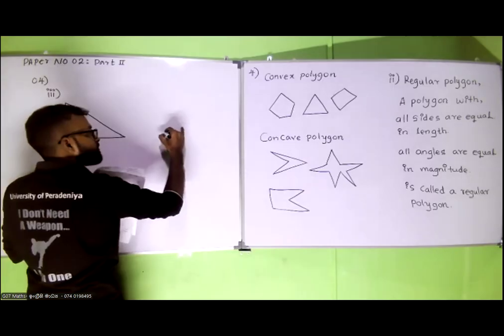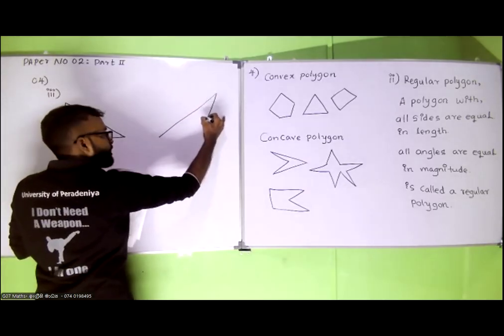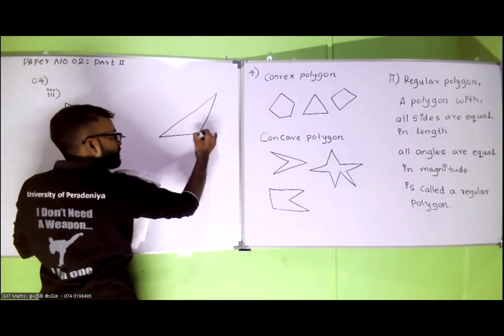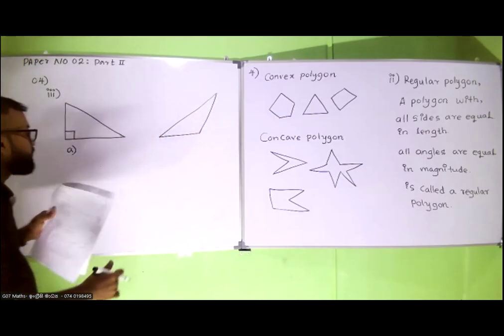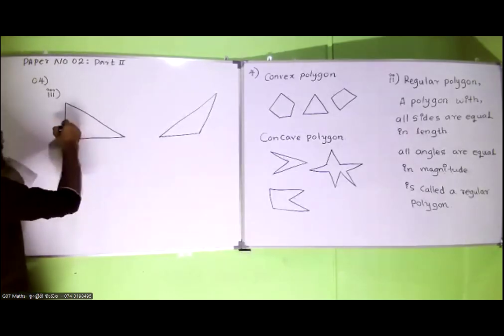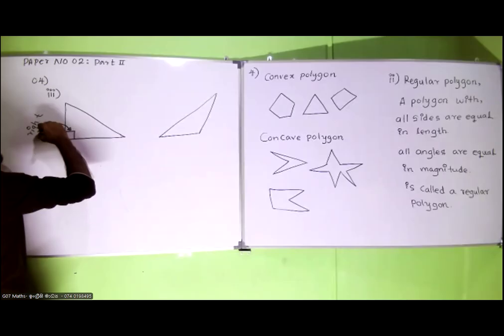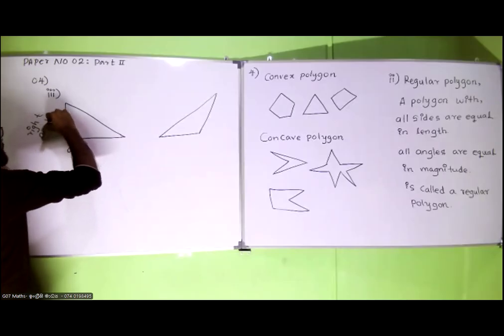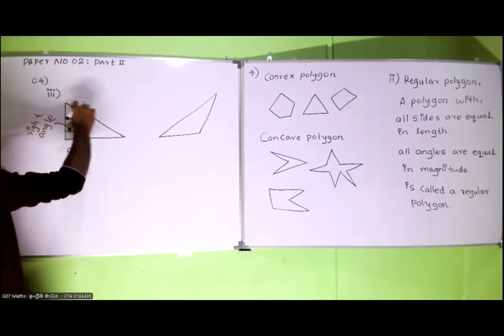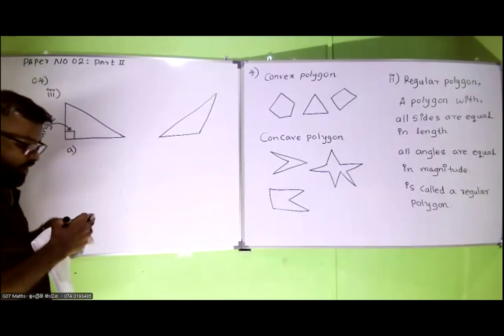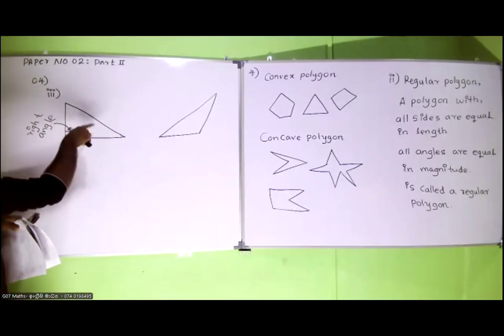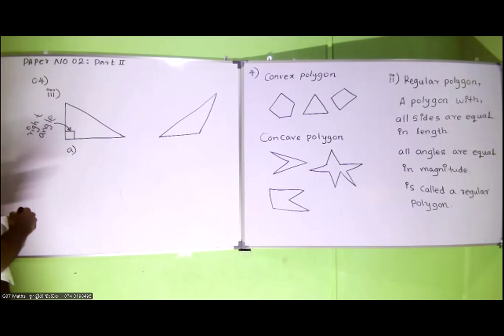And what is this? Right angle. Super. Here we have a right angle. So we can say this triangle is a right angled triangle.